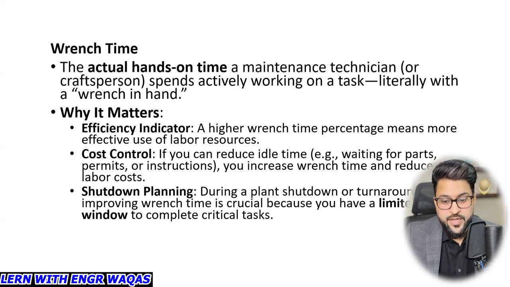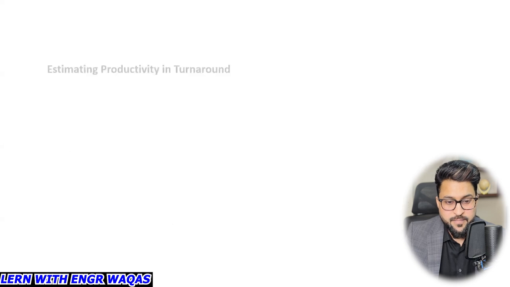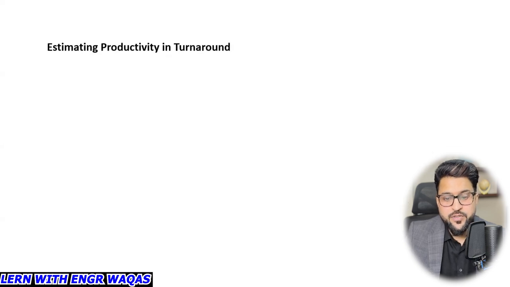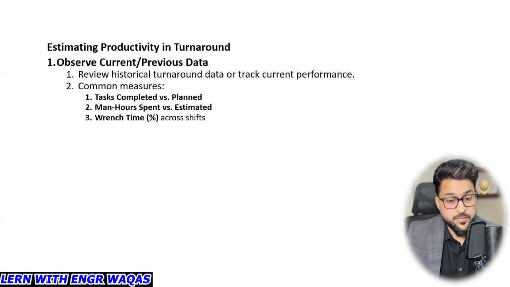So, shutdown planning: during a plant shutdown or turnaround, improving wrench time is crucial because you have a limited window to complete critical tasks. Estimating productivity in turnaround or shutdown: observe current and previous data. Of course, OPA, the same; this shutdown will serve as an OPA lesson learned for the next shutdown.